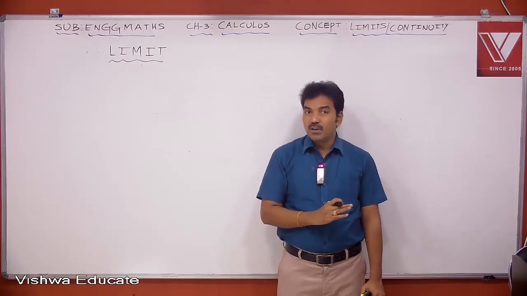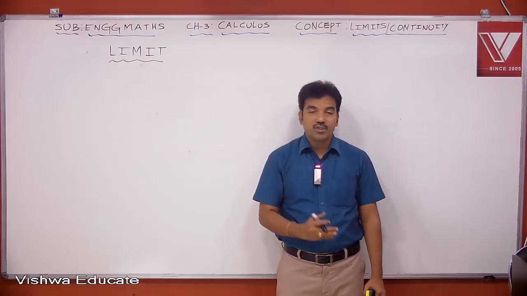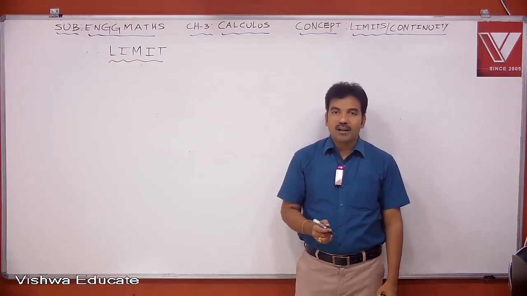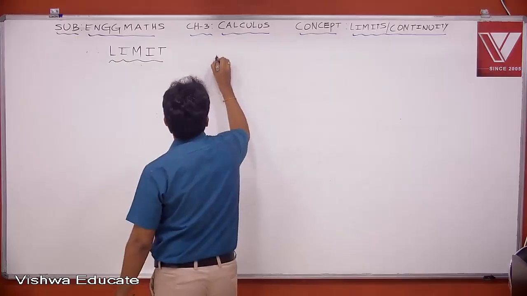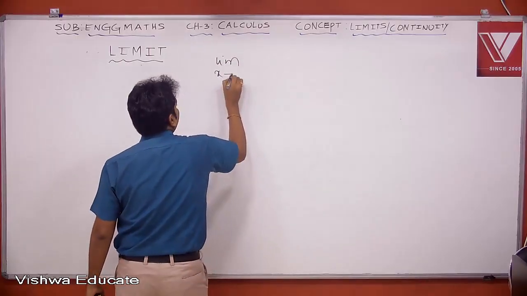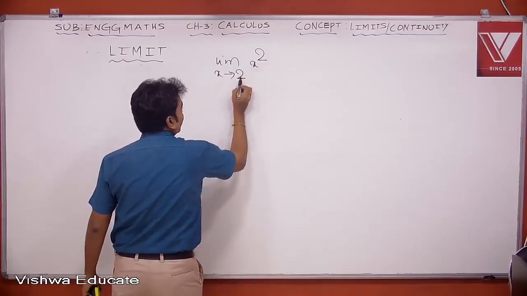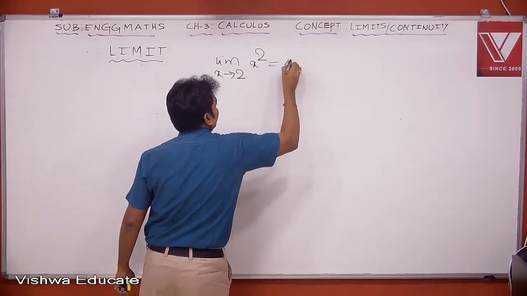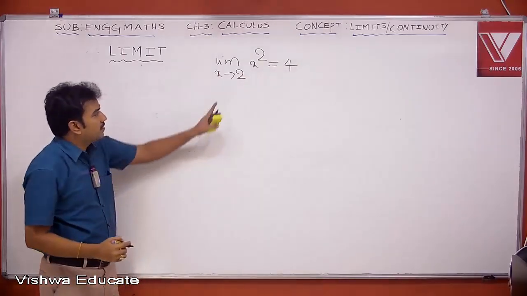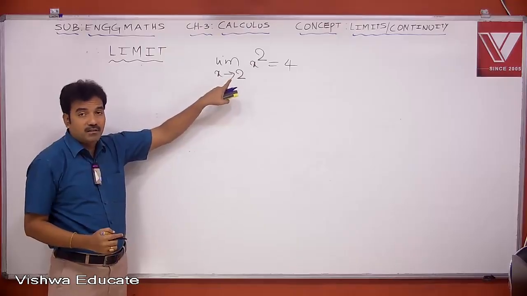But this may not be right in all situations. Suppose I want to calculate limit x tends to 2 of x square. Immediately people will replace x by 2, so in this case the result is 4. Practically this result is true in this particular example.